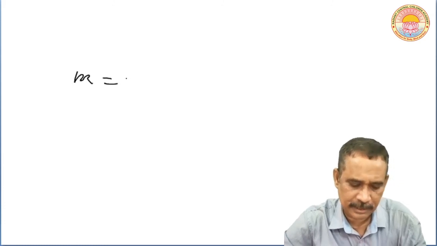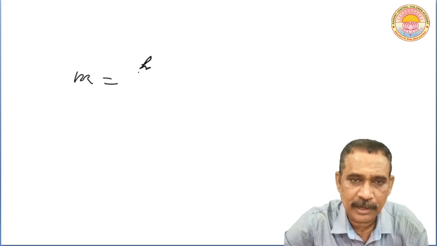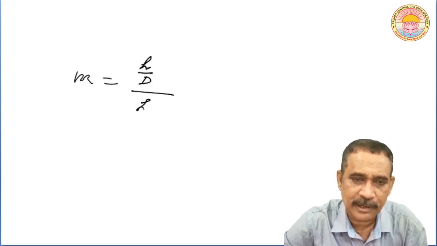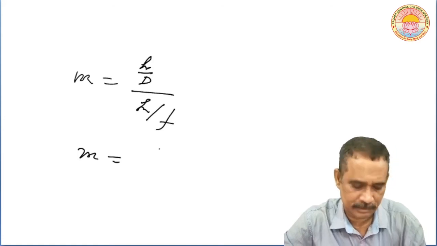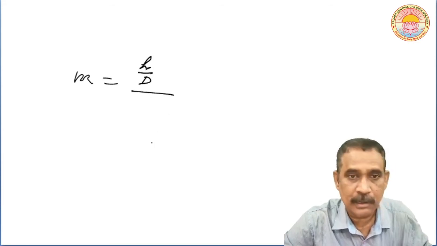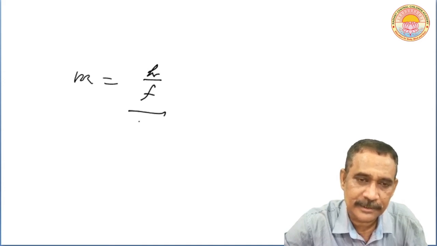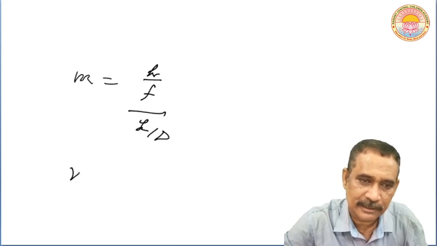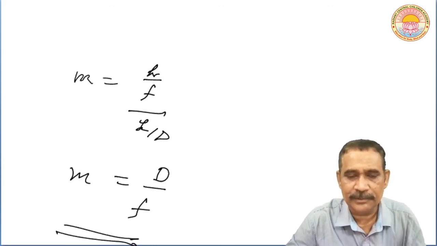Now put the values: theta I is h upon F, and theta naught is h upon D. h is cancelled, therefore M equals D by F. So when the final image is formed at infinity, the angular magnification of this lens is M equals D by F.